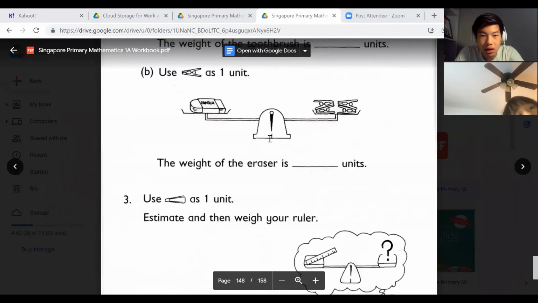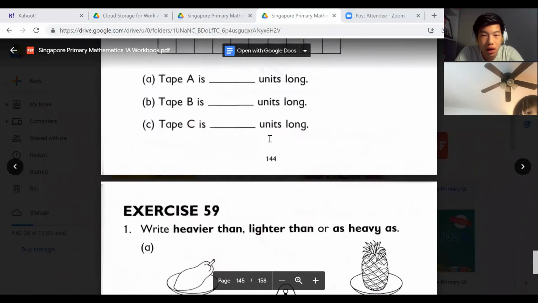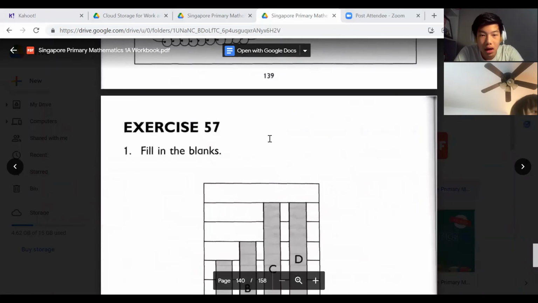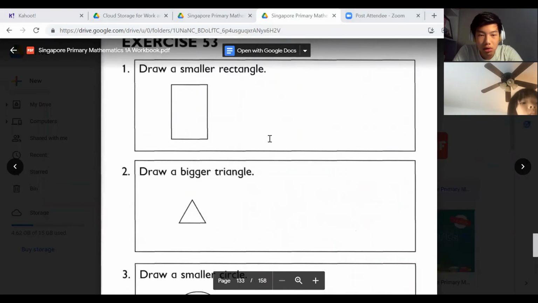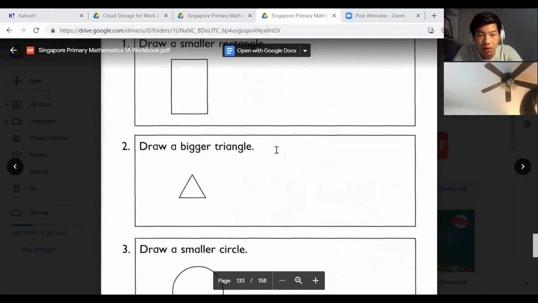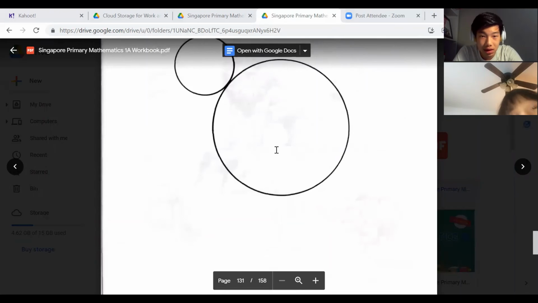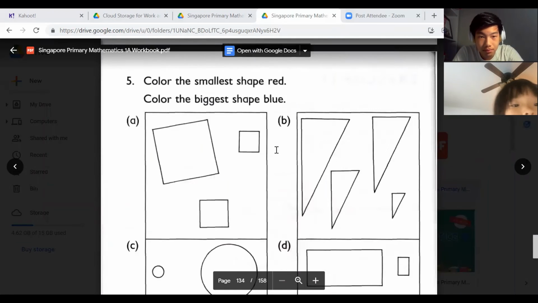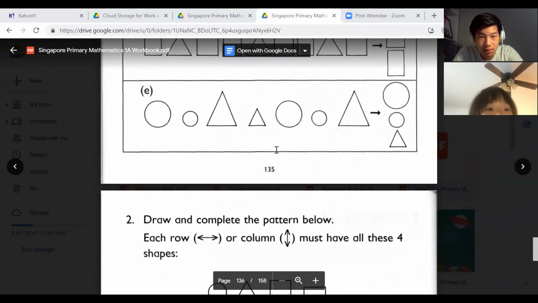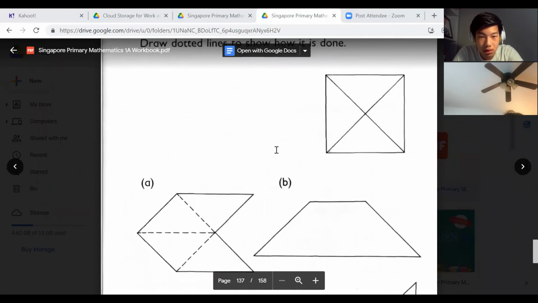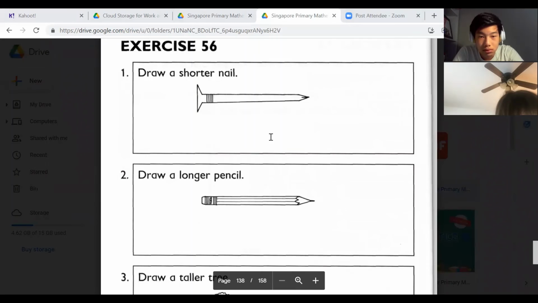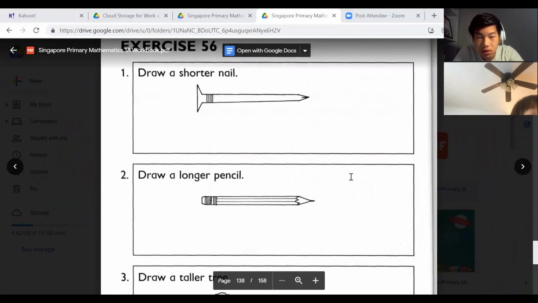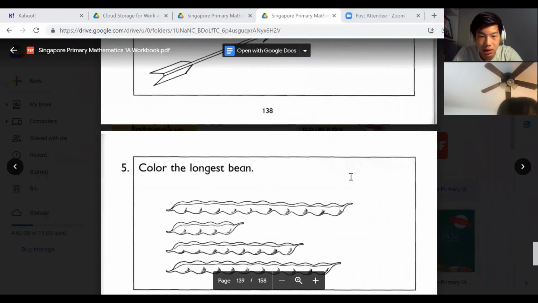This is the end of lesson 9. And we have a few more minutes, so we can go back to unit 8 stuff. Let me see. Okay, I believe it starts here.